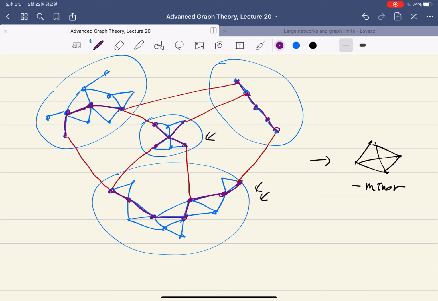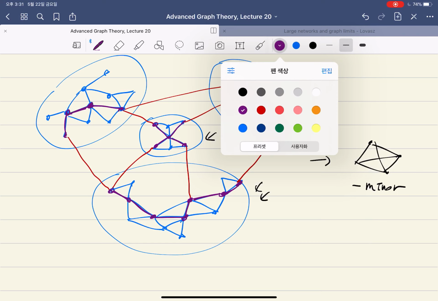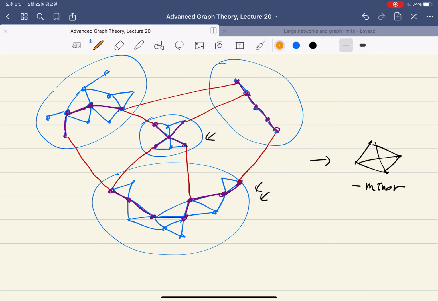Moreover, for our convenience, let's use this color. For our convenience, let's subdivide each red edge twice.